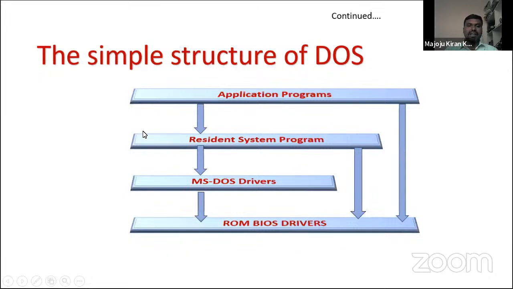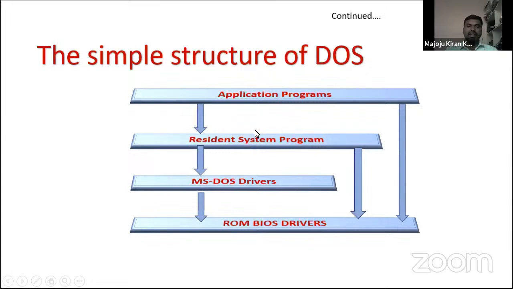This diagram shows the structure of the simple operating system. At the top, you can see the application programs, which are used by the user. The user uses these application programs to interact with the operating system.